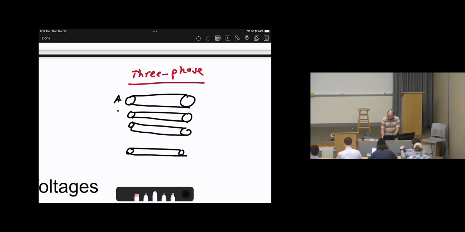So this is phase A, phase B, phase C, and 1 neutral. All of these phases are positive and the neutral is negative. So 1 returning current and 3 positive currents. Here is the load side, here is the source, here is the load side. So we realize that we can have 4 conductors.